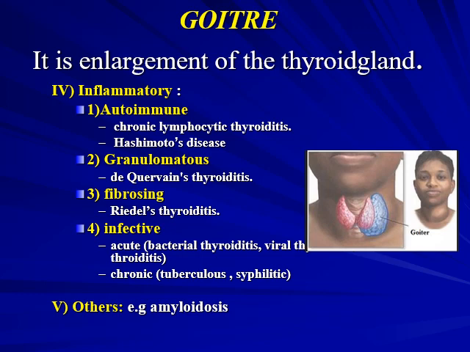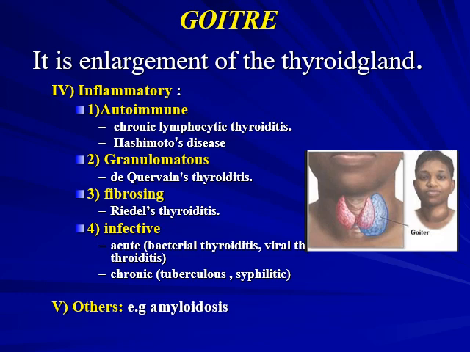At last, we have two nerves related to the thyroid gland. These nerves do not supply the thyroid gland, but they supply the larynx, though they make a relation to the thyroid gland. These are the superior laryngeal nerve and the recurrent laryngeal nerve. The superior laryngeal nerve is a mixed motor sensory nerve. It gives two branches.